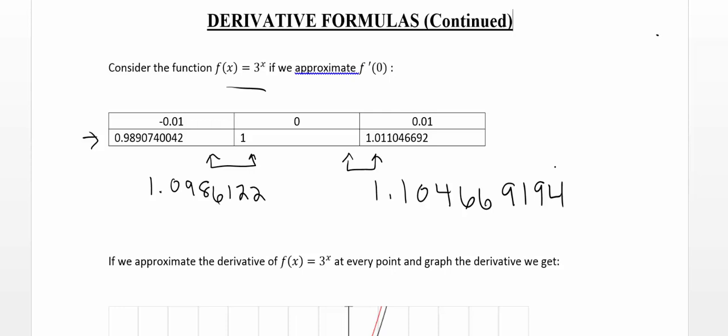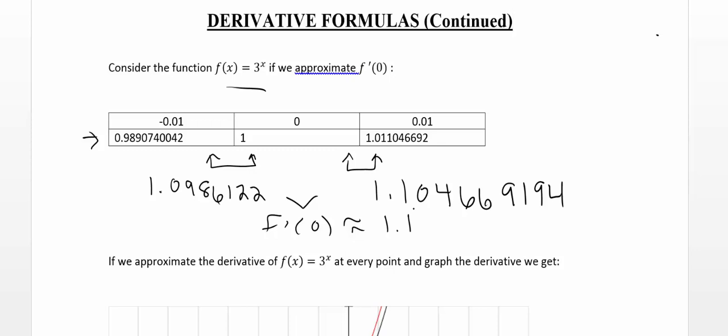So looking at these two values, I'm pretty certain that my derivative here, f prime of 0, is pretty close to 1.1. It might be something like 1.09, but we can see that it has to be between 1.098 and 1.104. So I'm going to approximate it to be 1.1.